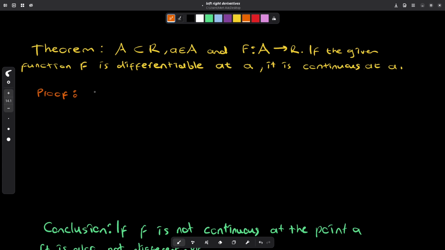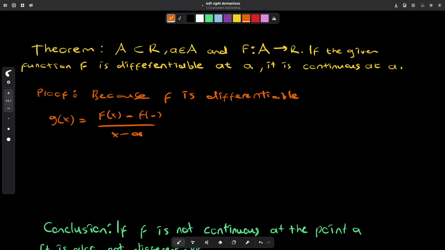First of all, because f is differentiable, let's define g(x) as (f(x) minus f(a)) over (x minus a). Because f is differentiable, when we define g from A minus {a}, because a cannot be in the domain here, to R, there is a limit at point a, right?